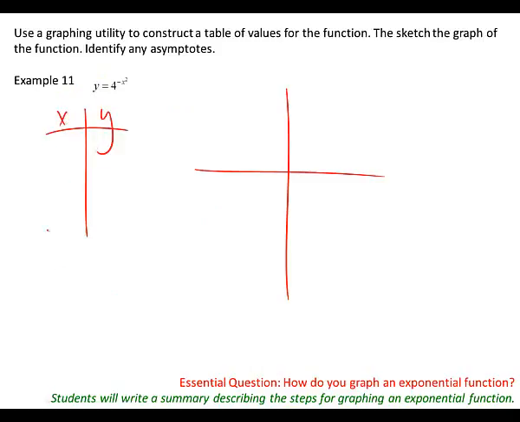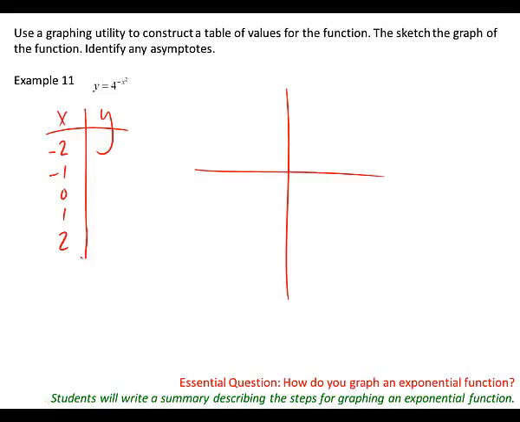Okay, so x, y. Earlier in the lesson I said let's do 3 points. On this particular one, you'll see why in a second, 5 is probably more reasonable, just to make sure we get a good picture. So I'm going to do those. Those are some good numbers. If you're going to do 3, at least -1, 0, and 1. The reason I'm doing 5 is if I don't, it looks kind of like a parabola when I graph it.